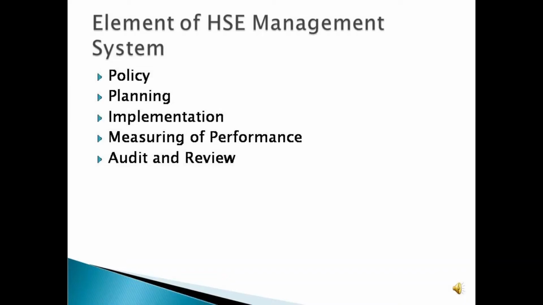After policy is planning, and then implementation, or you can say operation. Then measurement of performance against the set targets and objectives in the policy, and at the end is auditing and review. So these are the 5 key elements.